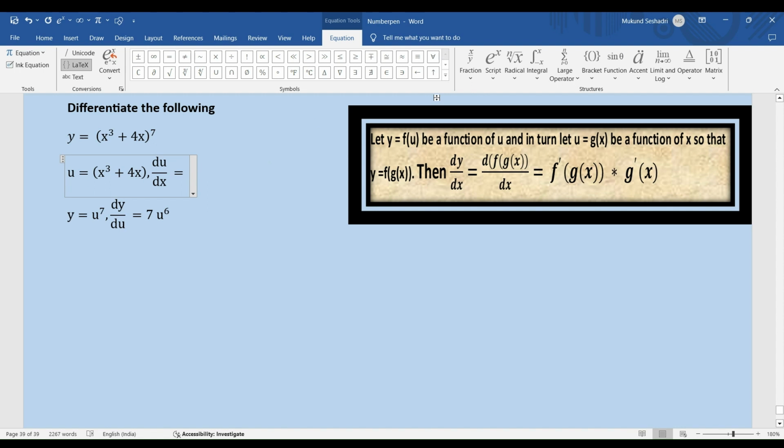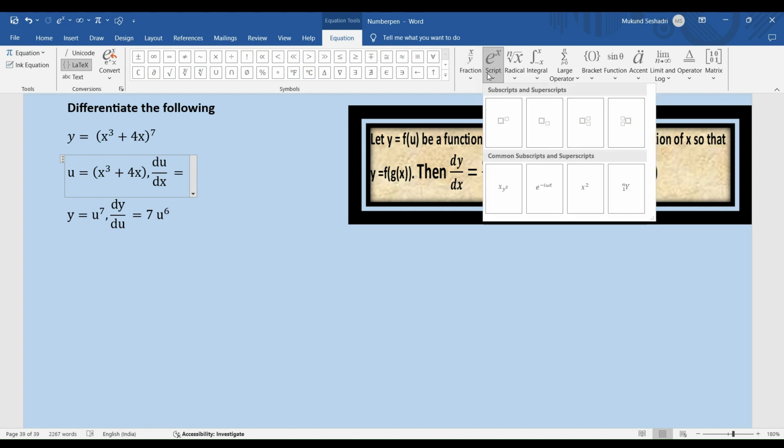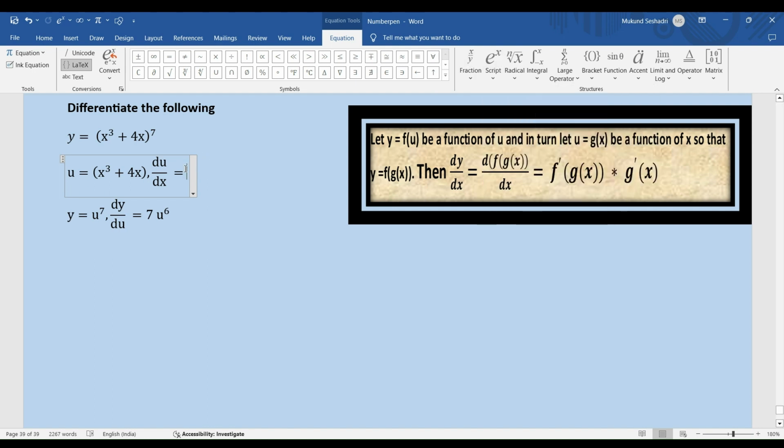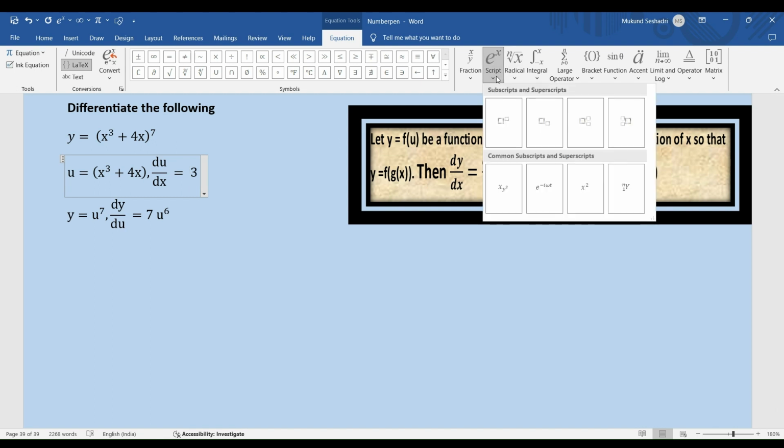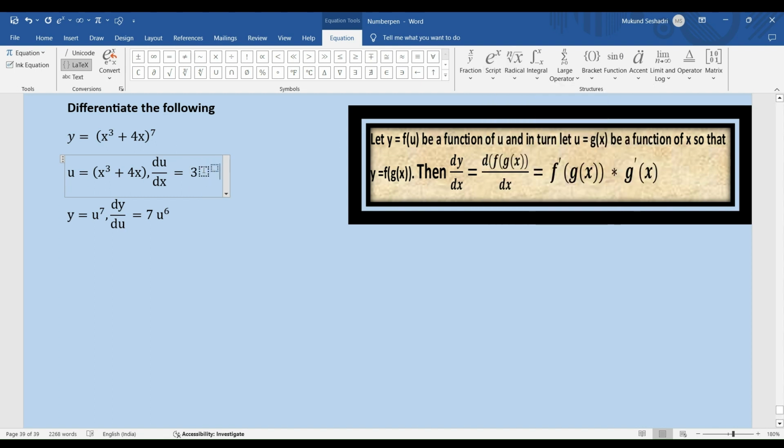So what will that be? That will be d by dx of x cubed, which is 3x squared. And remember, folks, I'm also in parallel applying the sum rule here, right? Because d by dx of x cubed plus 4x is nothing but d by dx of x cubed plus d by dx of 4x, right? So I have a 3x squared here, and then I have a 4 here because d by dx of 4x is 4, right?